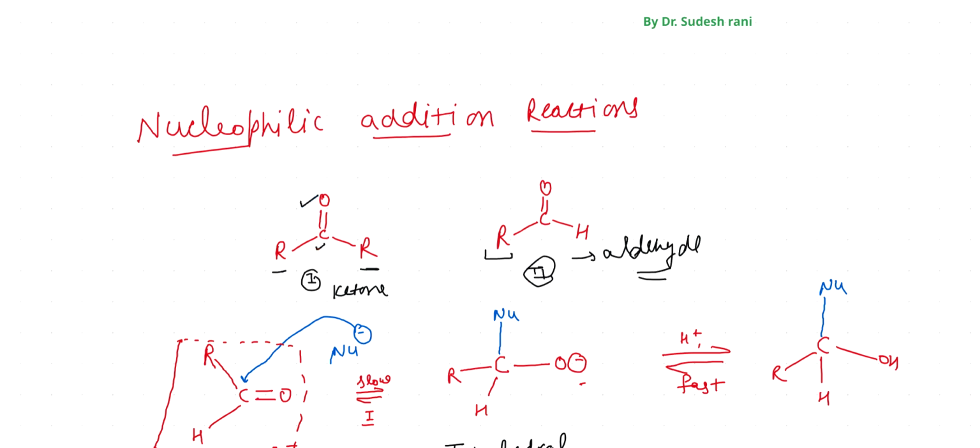So the carbon carries a partial positive charge and oxygen acquires a partial negative charge. Being a carbon with partial positive charge, it acts as a good electrophilic center, so it is more prone to nucleophilic addition reaction due to its electrophilicity.